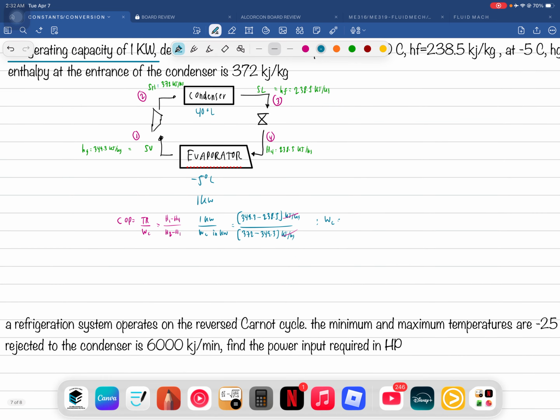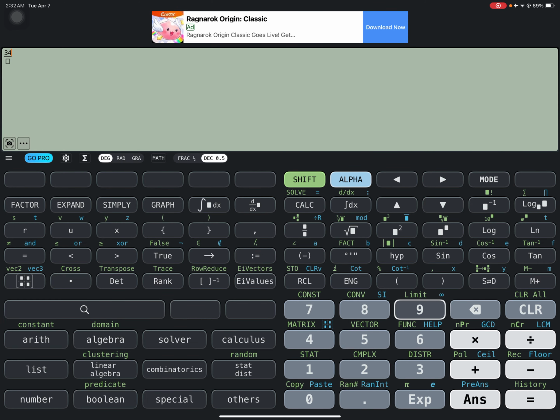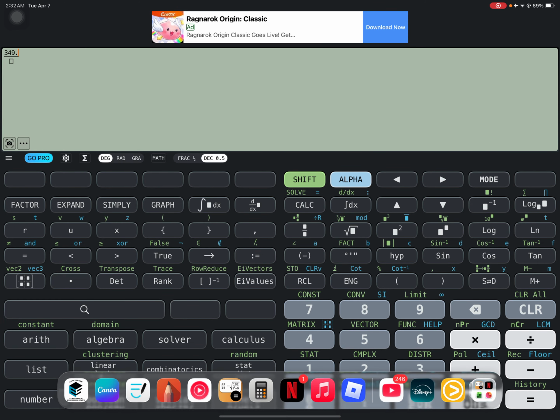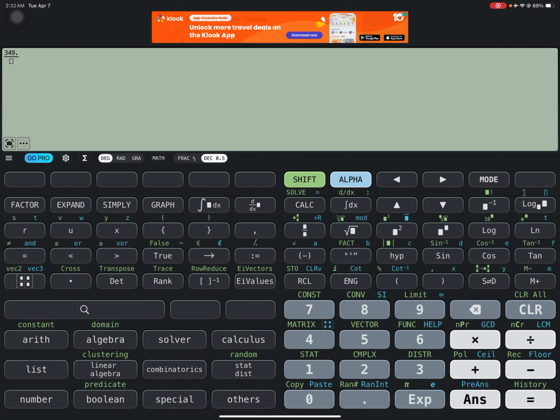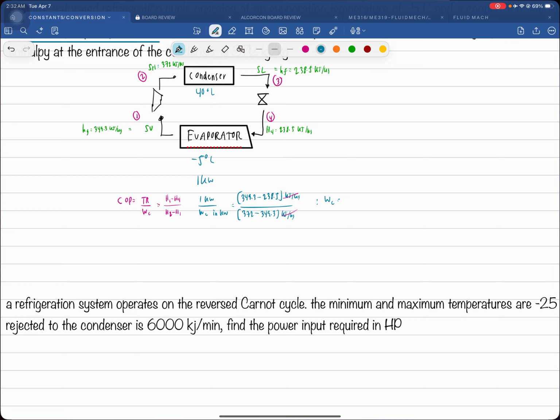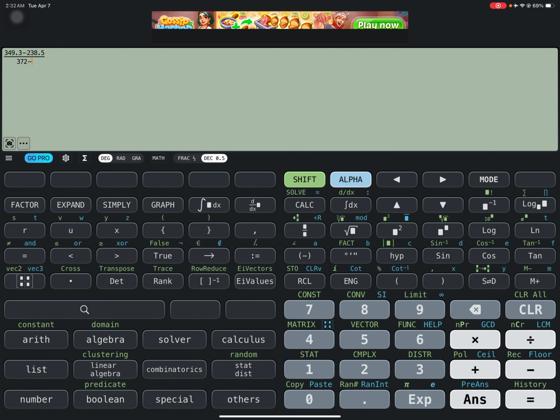Paano ba to? .3 minus 2.8. Minus 3.3. Okay. Pero equals ano yan?